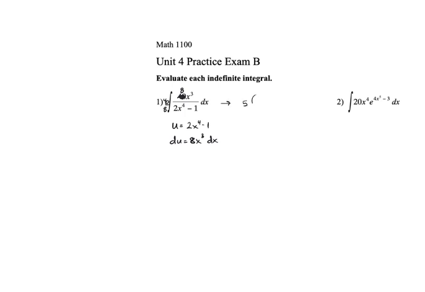So it's 5 times the integral of du over u. So then that turns into 5 times the natural log of the absolute value of u, which is 5 multiplied by the natural log of the absolute value, 2x to the fourth minus 1 plus c.